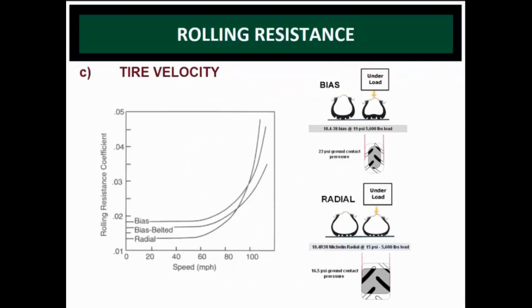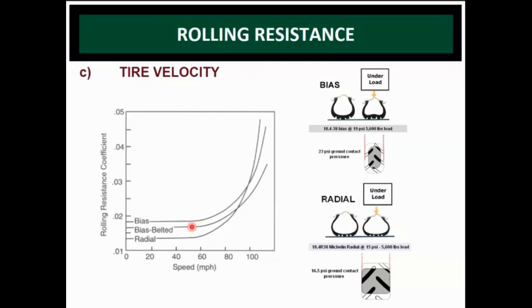Next, we go to the tire velocity. Tire velocity also contributes to the rolling resistance. It also depends on the type of the tire, for example, contohnya kita ada bias and radial.